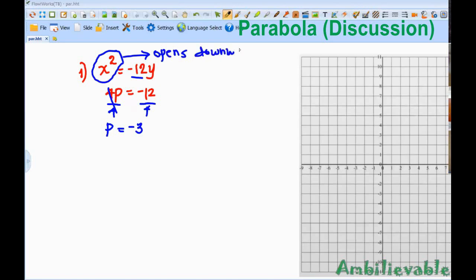So we know the parabola has its focus starting with 0, and the p is negative 3.